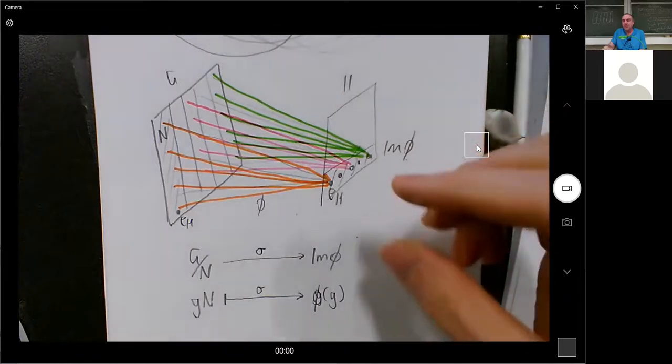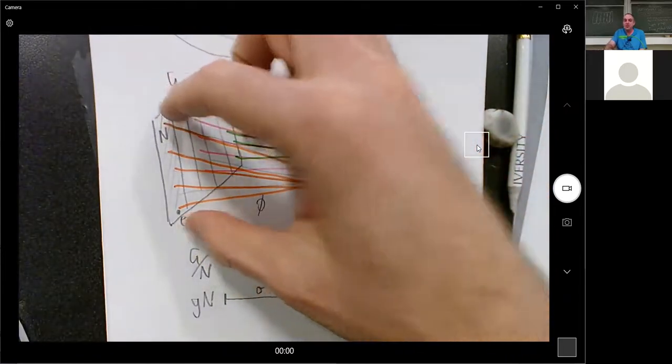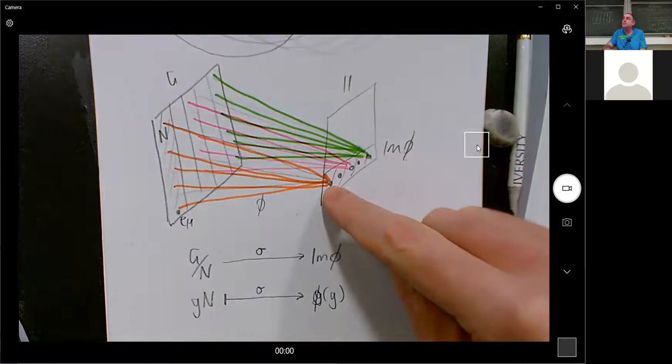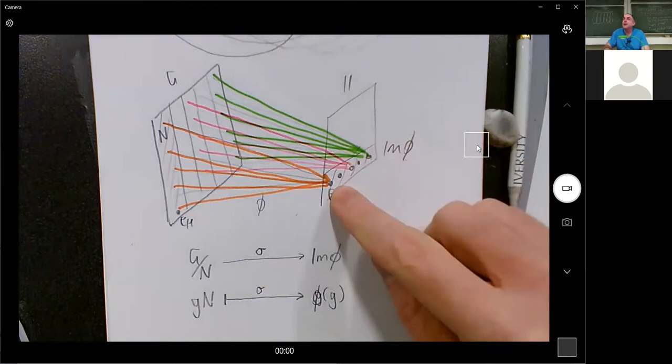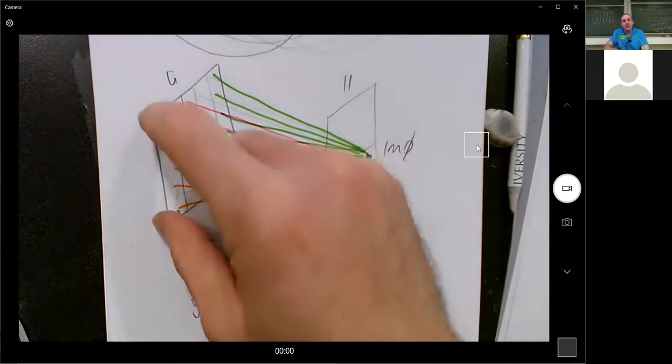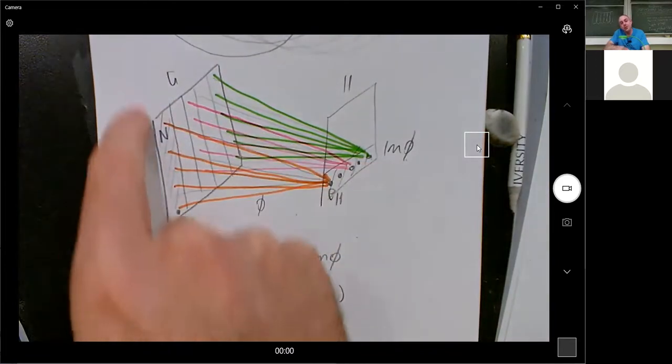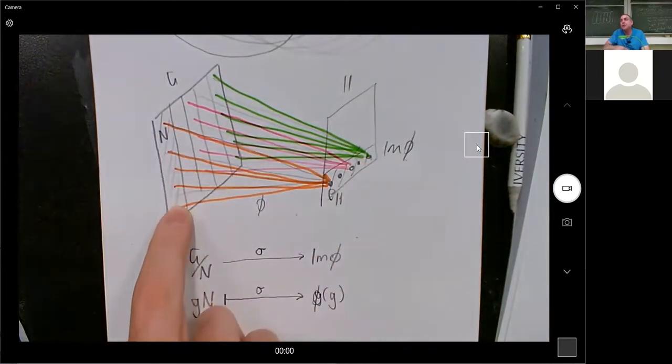The sigma function is saying that the entire coset becomes this element. So the sigma function takes in a coset as an element and produces an element of H as an answer.